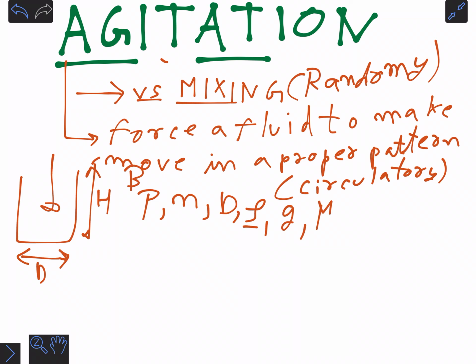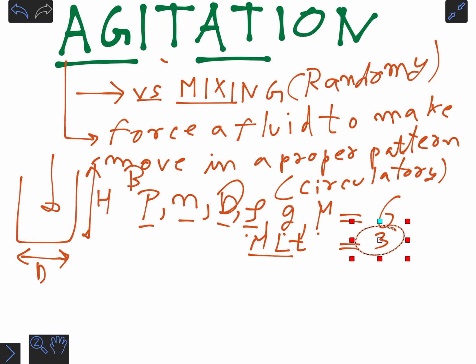So friends, now we find that there are 1, 2, 3, 4, 5, 6 parameters, and when we find the basic dimensions, there are three: mass, as in density, then length, as in the diameter, and then time.